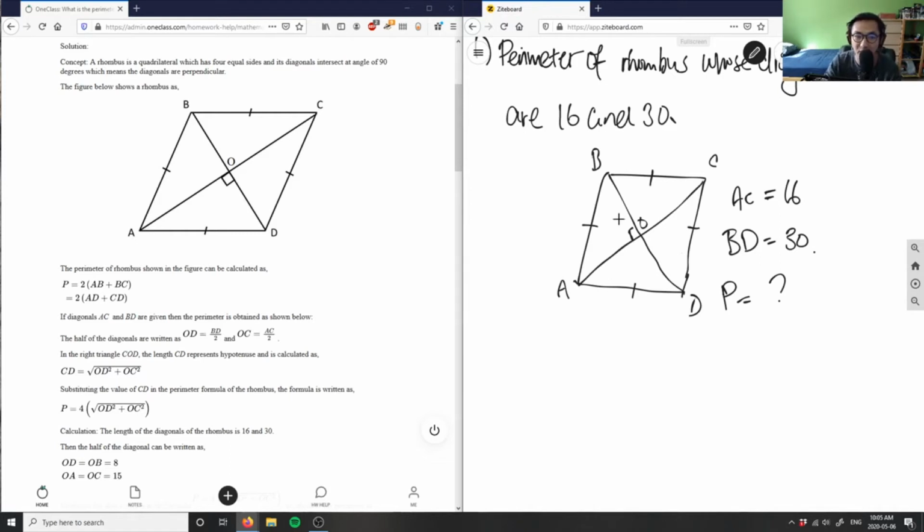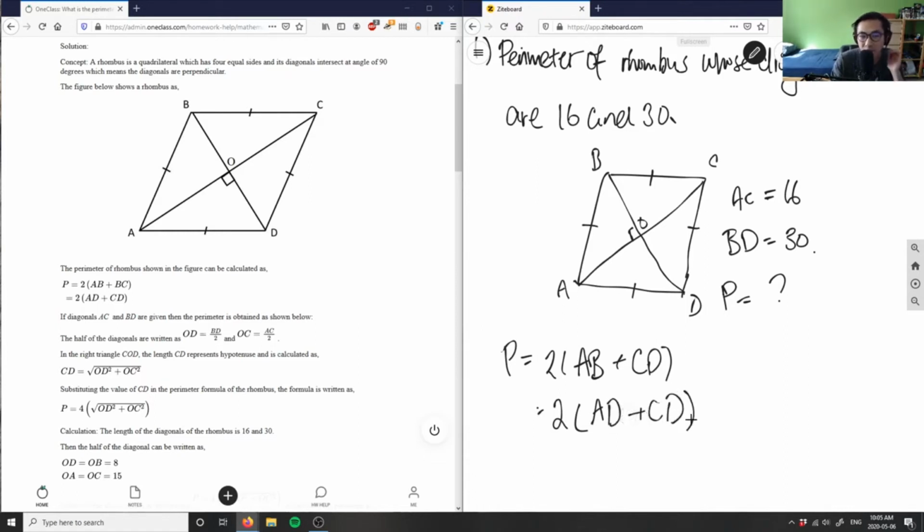So I'm going to write down the perimeter of a rhombus as 2 times length plus W. In this case, they wrote A plus B plus C plus D, or it could be AD plus CD, depending on which sides we know, but all of these sides are equal.